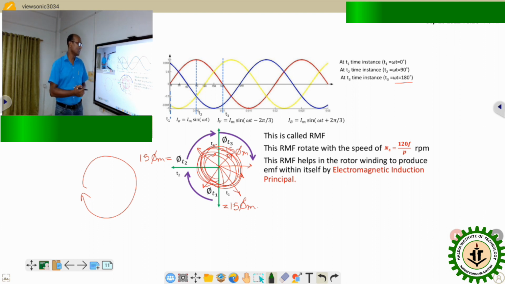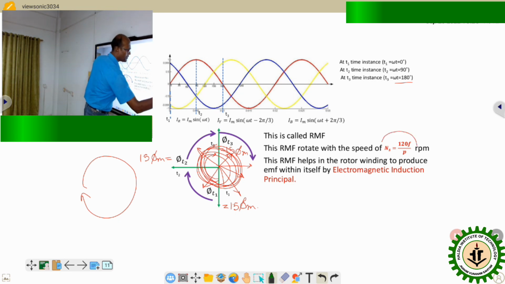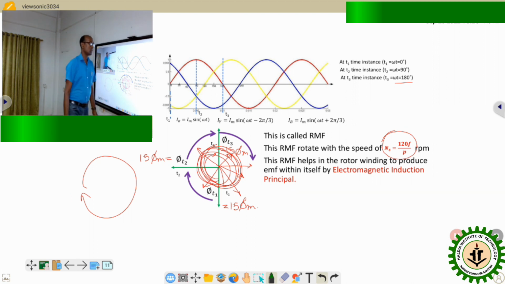With that principle it tries to rotate, and it rotates with the speed ns, where ns equals 120 f by p, f is the frequency, p is the number of poles, and ns is the synchronous speed.